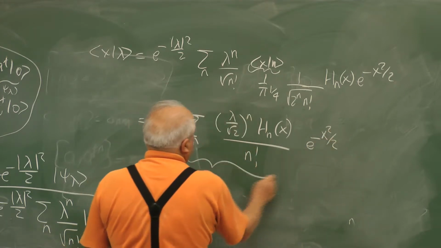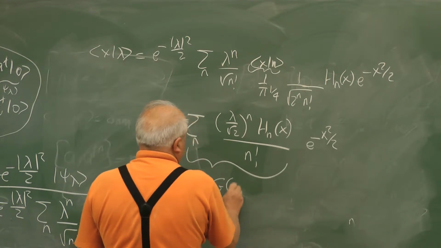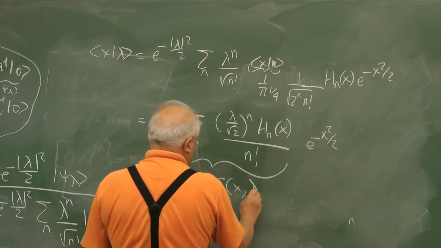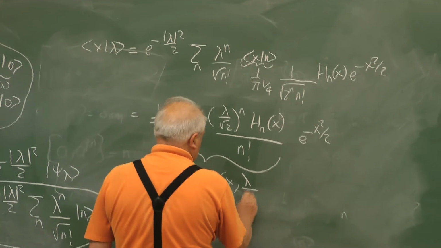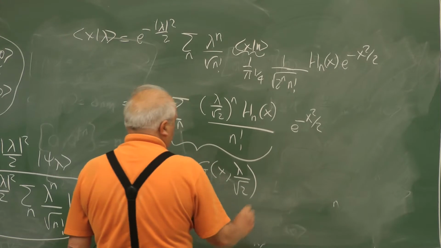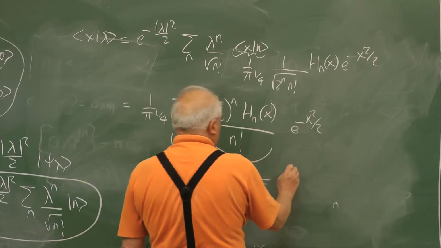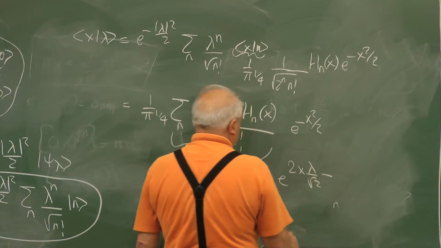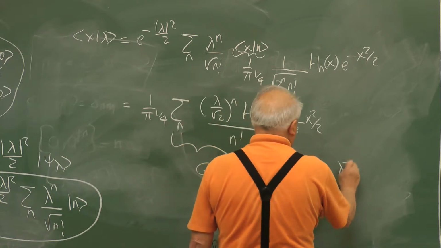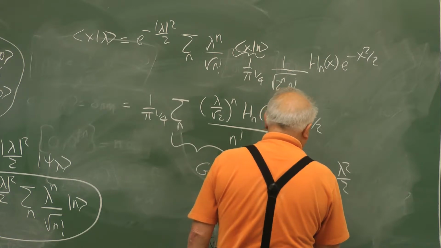So this is simply the generating function, g(x, h), with the parameter, we called it h before, now the parameter is lambda over root 2. We know what this is: it is e to the 2x lambda over root 2 minus h square, which is lambda square over 2.